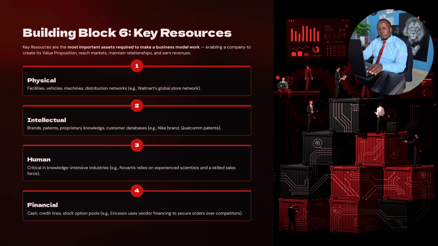This includes industries which are reliant on scientists, engineers, and such key human resources who are key for that particular business and industry. And finally, we have financial resources. This includes cash, credit lines, and stock option pools.